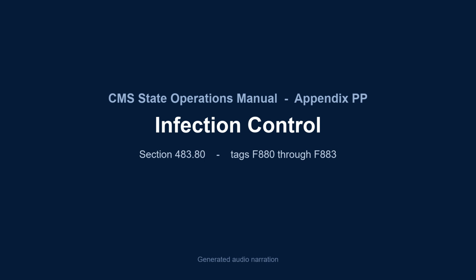An ongoing system of surveillance designed to identify possible communicable diseases or infections before they can spread to other persons in the facility. When and to whom possible incidents of communicable disease or infections should be reported within the facility. Which communicable diseases are reportable to local/state public health authorities.